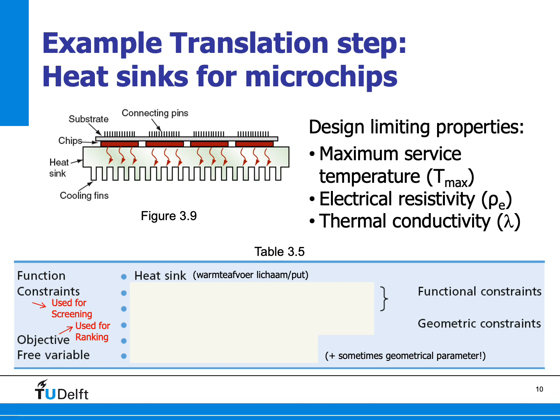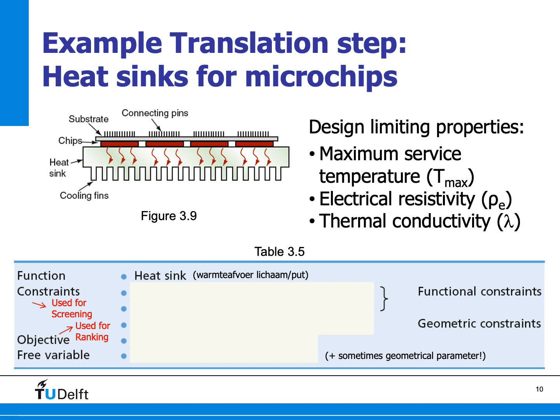Now there are some design limiting properties. There's a maximum surface temperature, and the electrical resistivity of the material for the heat sink has to be very high because we don't want to have any electronic interaction with the chip. And of course, if we want to conduct the heat away, the thermal conductivity of the material should be very high as well.